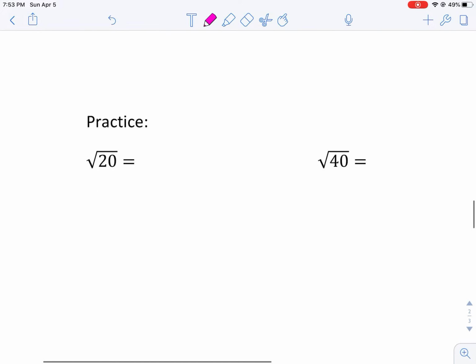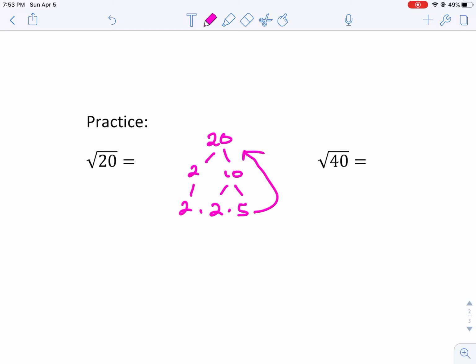So let's practice ones that aren't perfect squares of a whole number. Like the square root of 20, which becomes 2 times 10. Keep that 2, and this becomes 2 times 5. 2, 2, and 5. If I multiply these 3 numbers, I'll get 20. They're all prime, so let's put them inside the radical: 2 times 2 times 5.